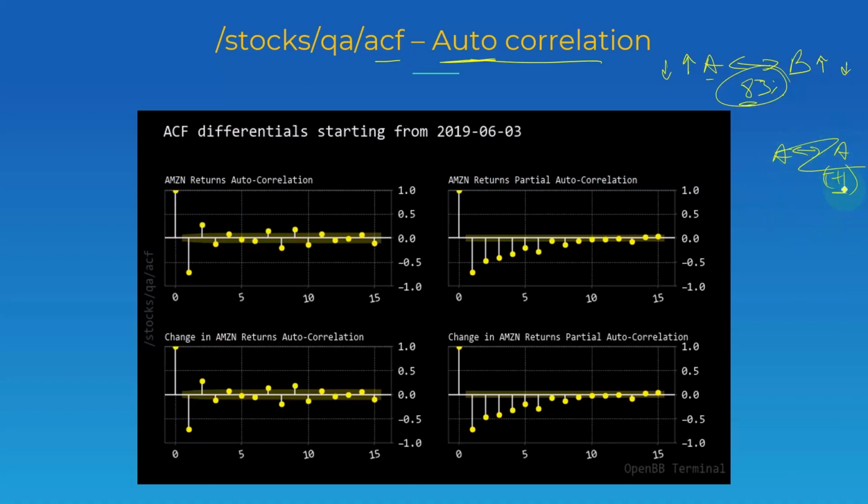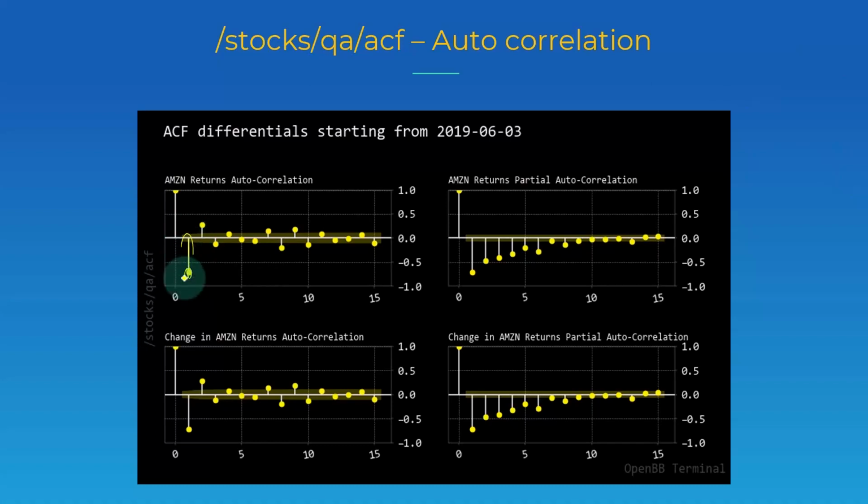But anyway, what I'm getting at is, when you look at something like this, see how we get this level here, this bar. This is basically saying that from one day to the next, the move is anti-correlated to the initial move, at the very next day.